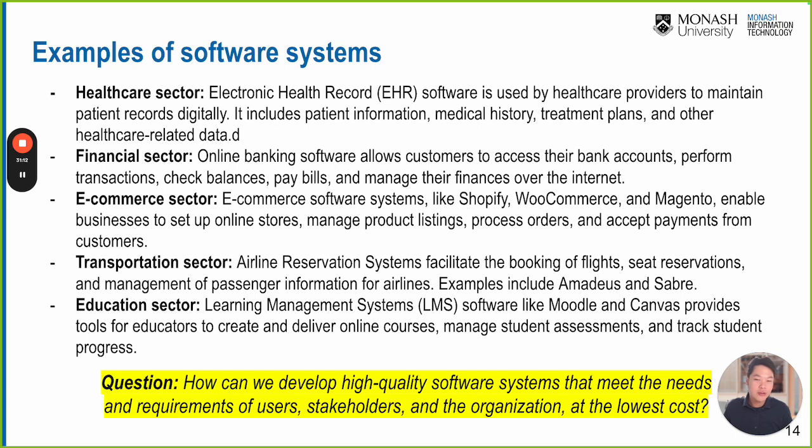Otherwise, everyone can program. Everyone can write software, but how do you know that that software system is of high quality? And once you develop a piece of software, how do you ensure that it meets the client requirement? And the last important aspect is the cost. We cannot develop one software system for 10 years.